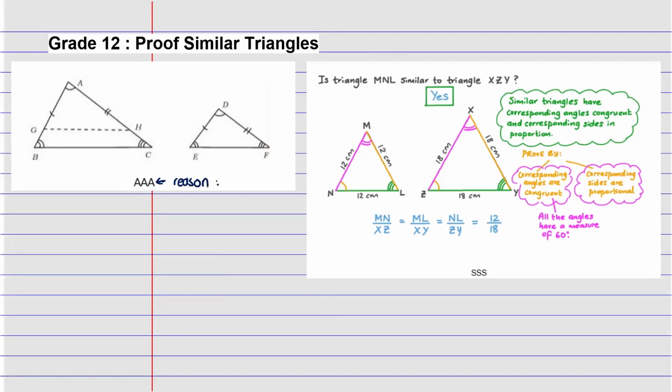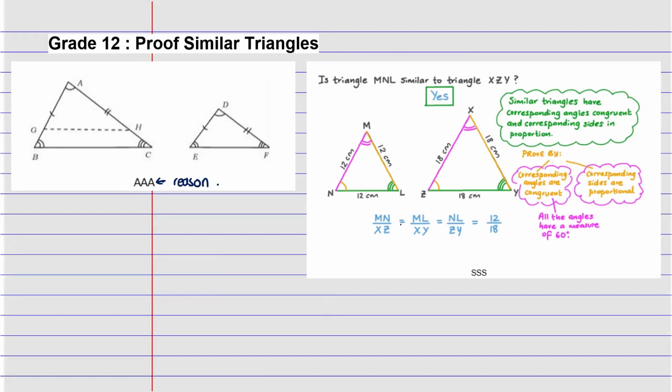Then the second one is when we're proving that two triangles are similar using proportion. We're going to prove that the sides are in proportion.